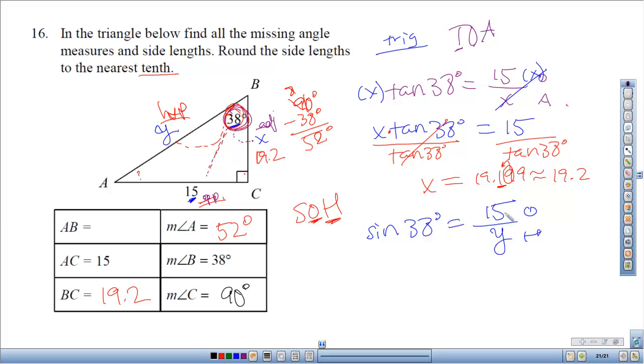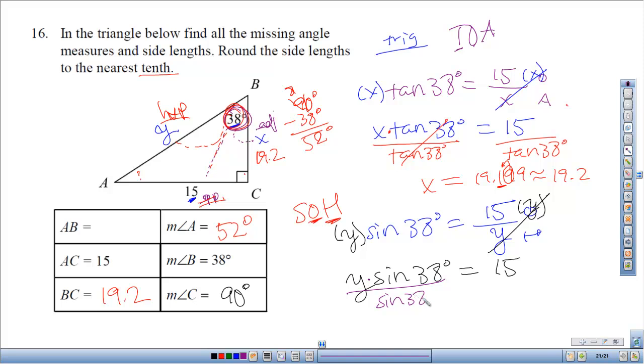Same as before, we're dividing by y, so we should multiply by y. Multiply both sides by y. Those will cancel. So y times the sine of a 38-degree angle is equal to 15. And to get rid of that multiplying, I should divide by the sine of a 38-degree angle.